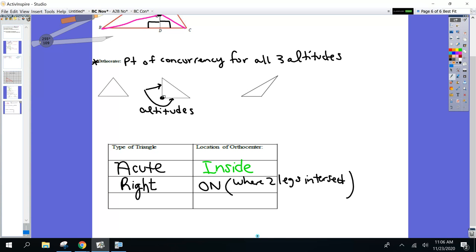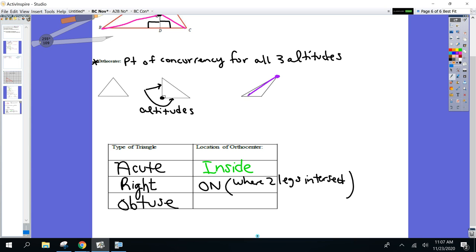And then there was one other type of triangle. I had acute, I had right, I had an obtuse triangle. Obtuse is a little bit different. I drew an obtuse triangle up here next to the right triangle. Here's my problem, guys. If I drew an altitude from that vertex right there, is that going to form a right angle if I draw that line? Nah.